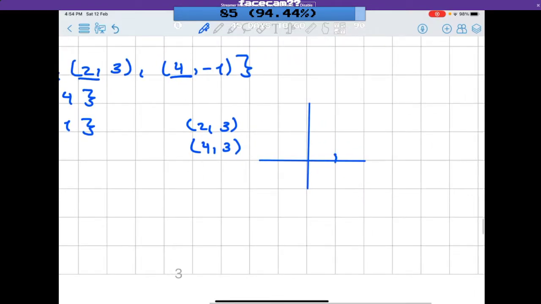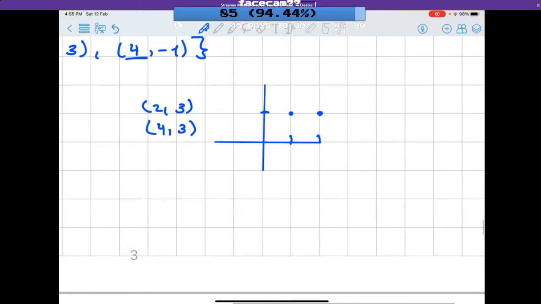So this is 2, this is 4, this is 3 up here. So let's graph 2 and 3, which would be right here, and 4 and 3. See, this is fine. It's okay for y to be repeated, right? But if it were to be 2 and 3 and then 2 and 0, it would be 2 and 3 and then 2 over here. So this would be it, right? It wouldn't be this or something else.